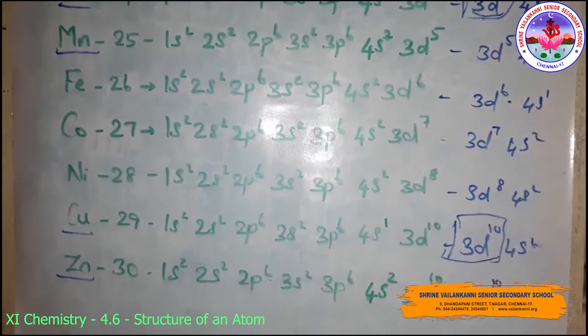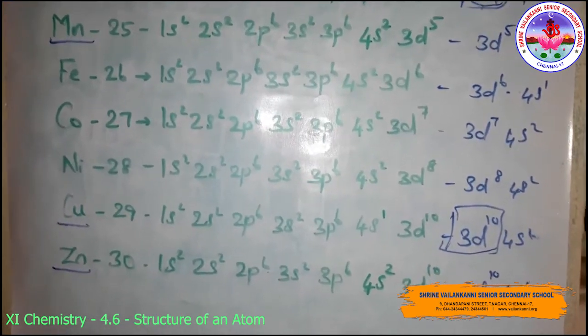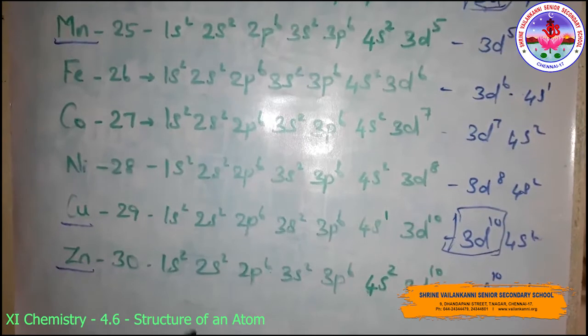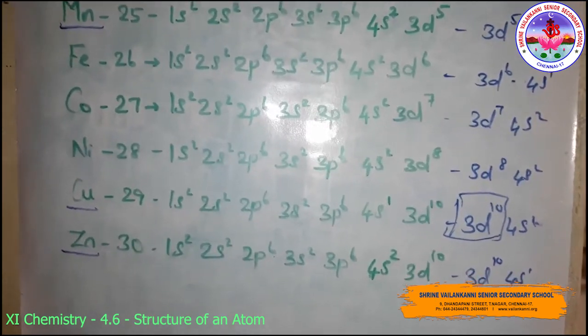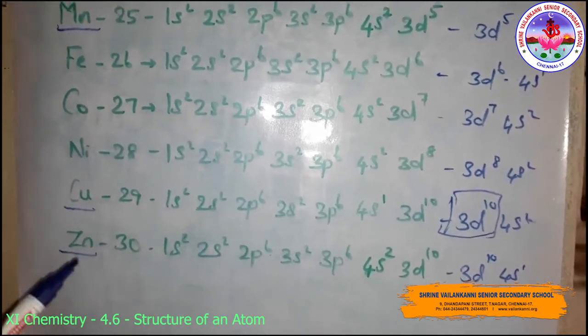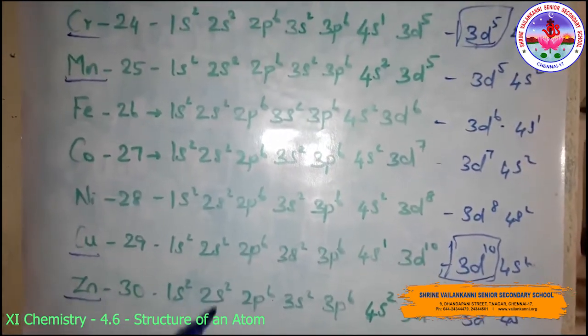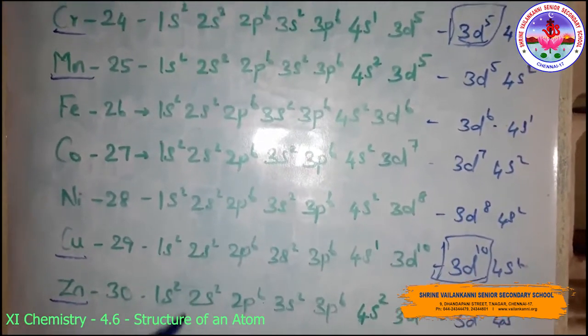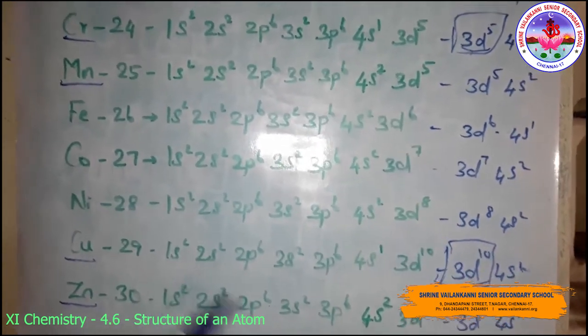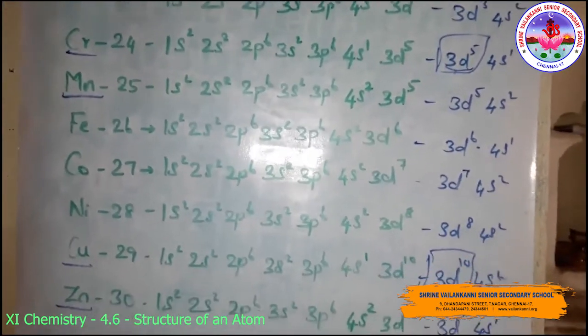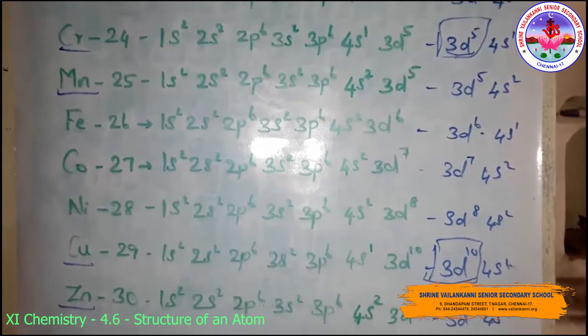Then from lanthanum to mercury, the filling of electrons takes place in the 4f and 5d orbitals. After this, the filling of the 6p and the 7s and finally 5f and 6d orbitals takes place. The elements after uranium are all short living and all of them are produced artificially.